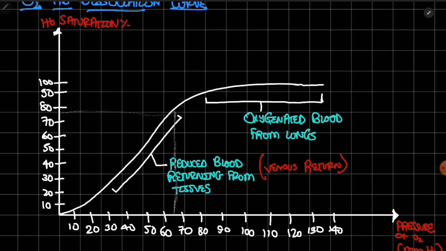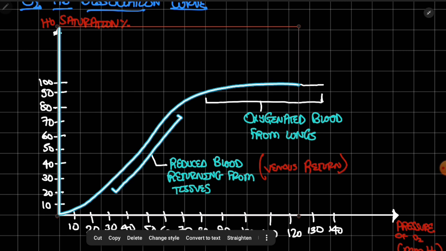For example, we are getting around 75, and if I go further till 50, I am getting a value close to 50. So only 50% Hb is saturated with oxygen.